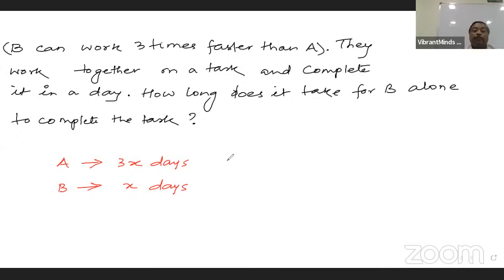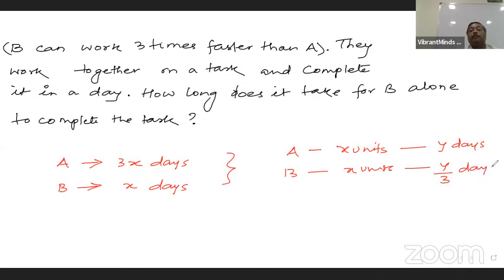Or this can be viewed like this: if A does x units in y days, then B will complete x units in y by 3 days.